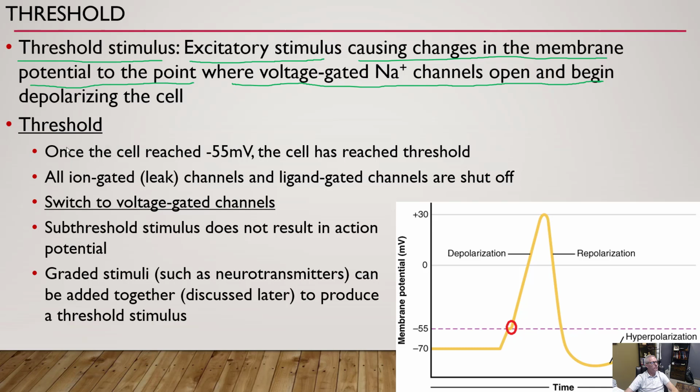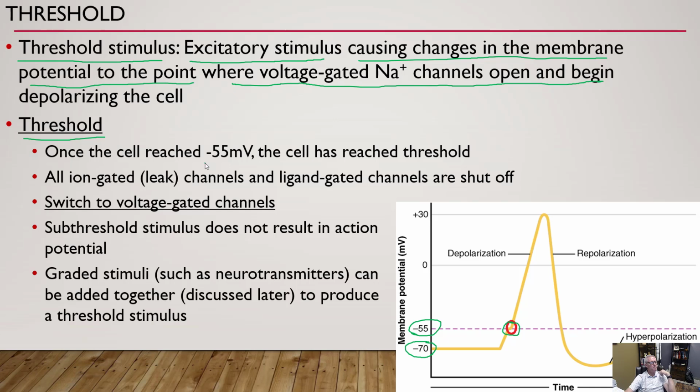All right, so we've reached threshold. So now we have two numbers to memorize. -70 is our resting membrane potential, and -55 is threshold. So we've reached threshold.